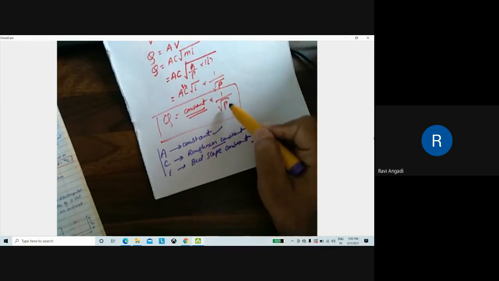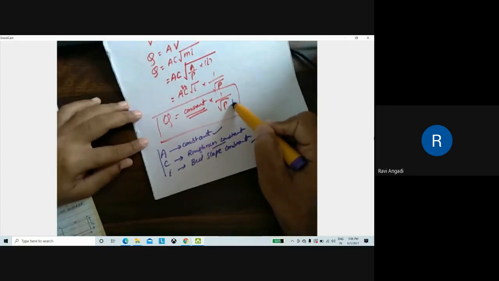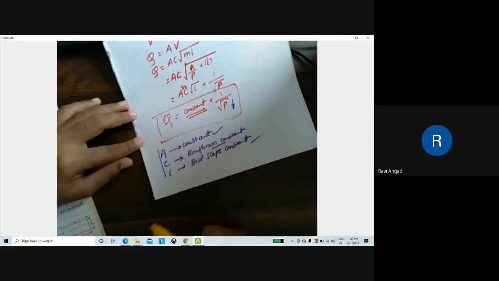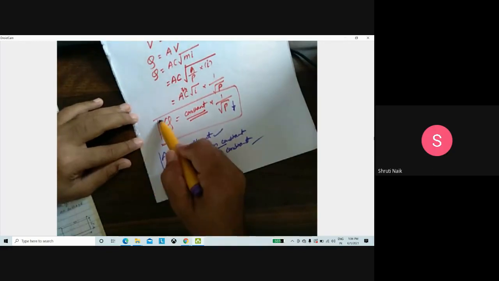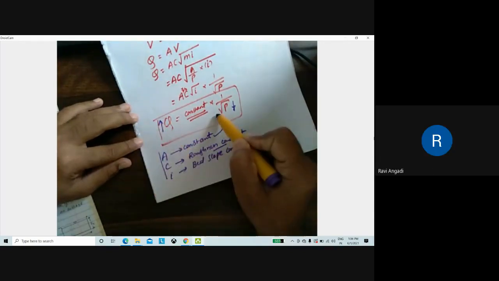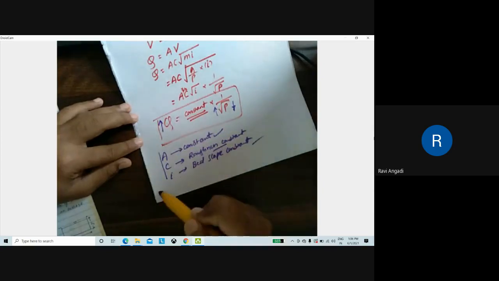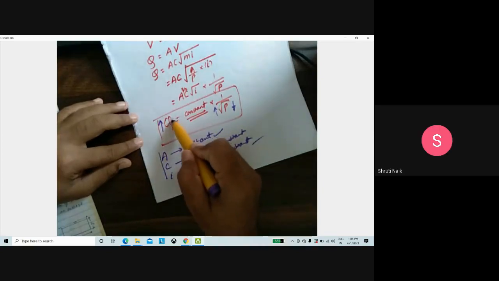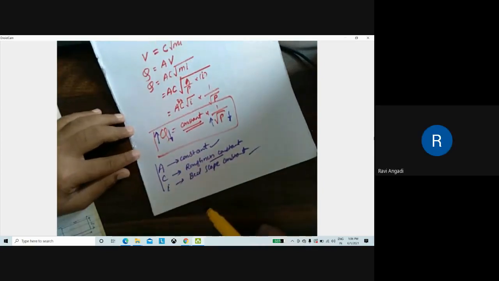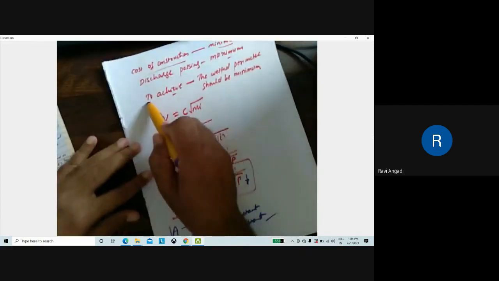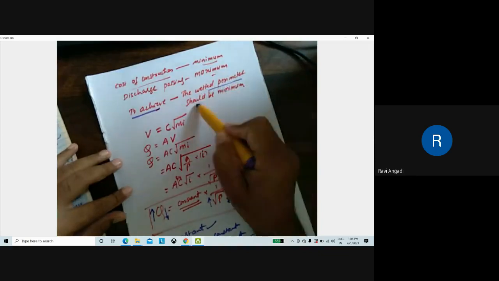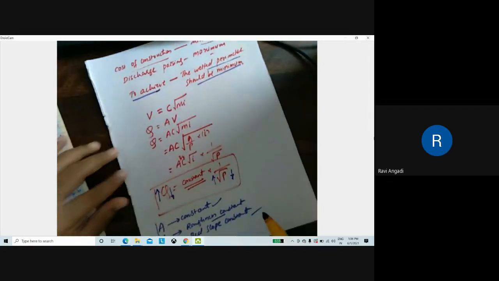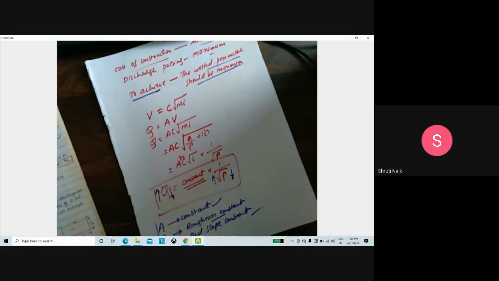If the perimeter decreases, what about discharge? Increases. If the perimeter increases, what about discharge? Decreases. So to achieve a maximum discharge, what is the condition? The wetted perimeter should be minimum. I hope you understood. Yes, sir.